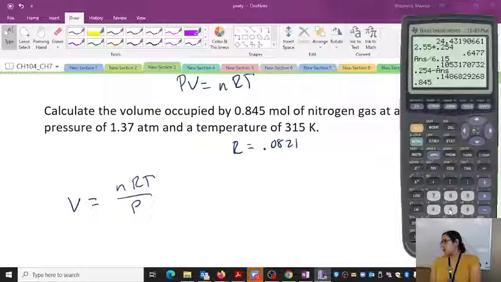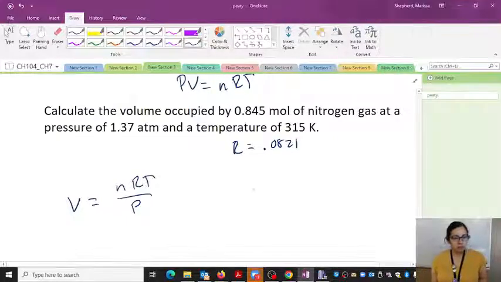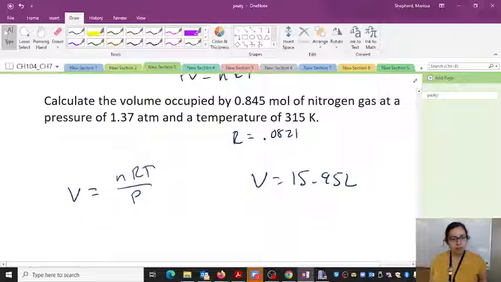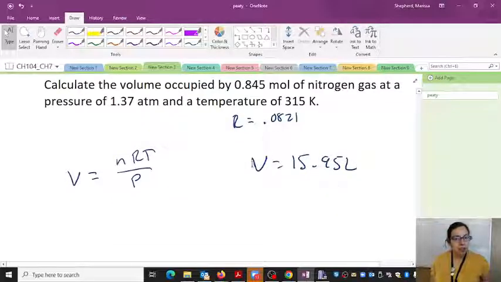Is that what everyone else got? I see nods, and chat consensus as well, 15.95. Excellent. Y'all are flying through this chapter. Any questions on that one?